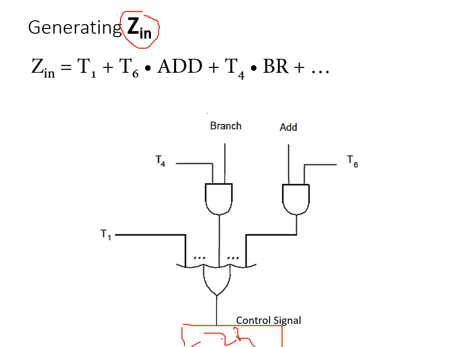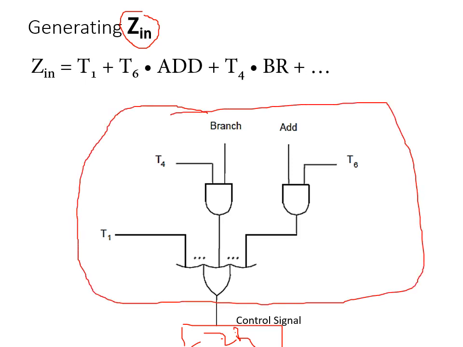I told you this circuit is inside the processor, but exactly where is it? It is exactly inside the instruction encoder of the previous diagram.